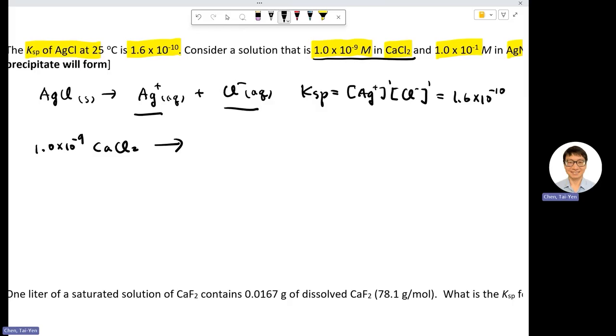Okay, so if you become very experienced with this type of question, you will be able to say, apparently this one is going to provide you the information of your Cl- concentration, right? And then you can see there's a coefficient right here, right? It's Cl2. That means your Cl- concentration will be 2 times 10 to the negative 9 M. Okay.